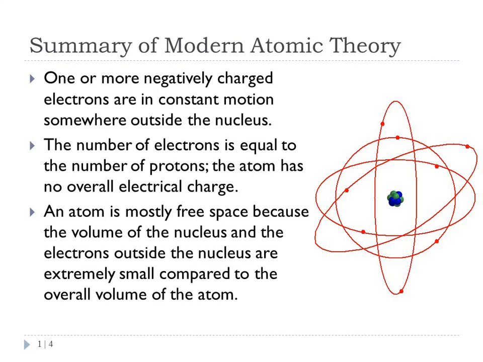So atoms will have 1 or more electrons, and the electrons are the negative charges, and they're going to be in constant motion somewhere outside the nucleus. And exactly where they are is kind of mysterious and hard to understand. The number of electrons, though, is always equal to the number of protons in an atom, because an atom does not have a charge. So the number of positive charges and negative charges has to be equal.